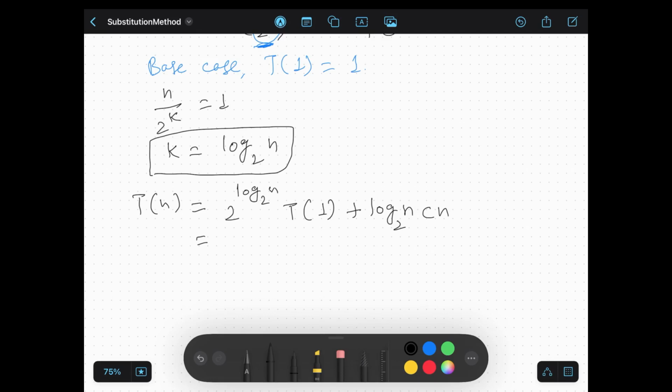Because T1 is 1, we can say, I just rearranged the values or the variables.